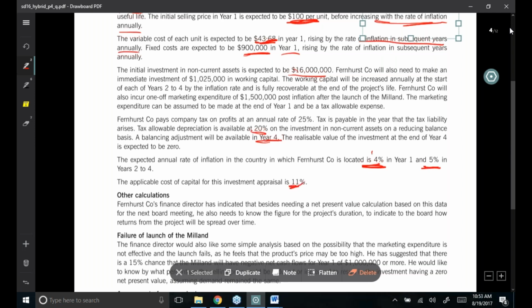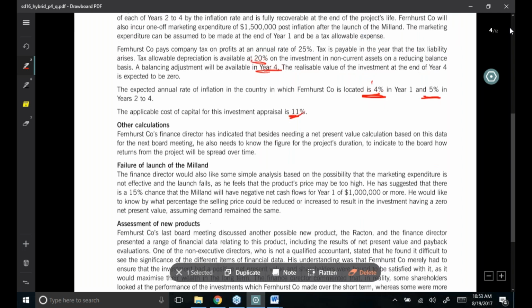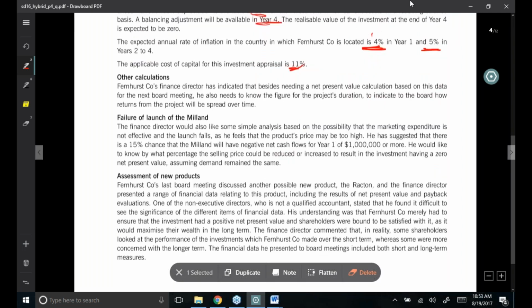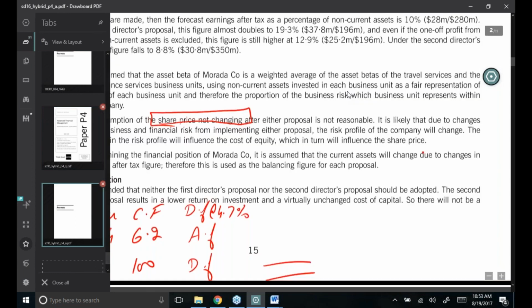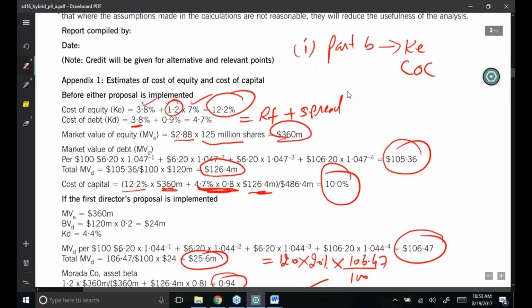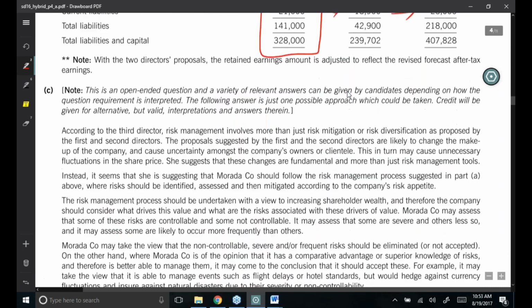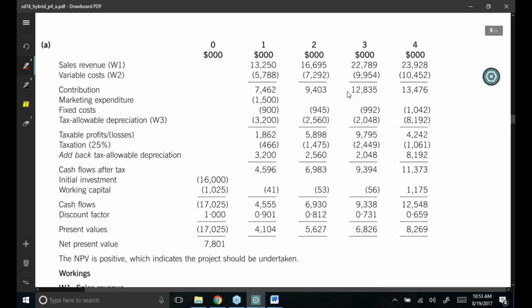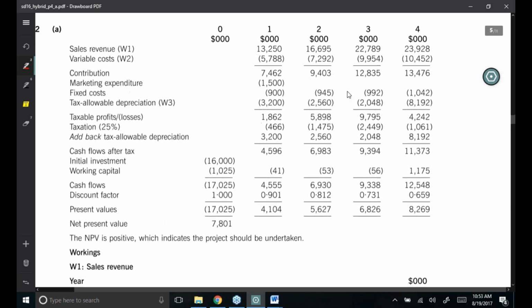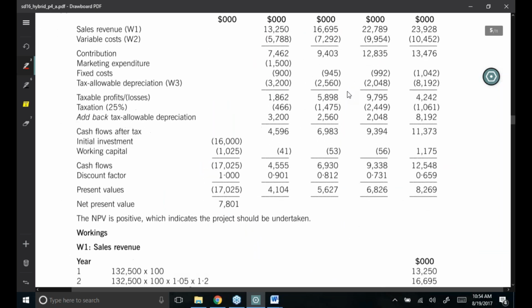Cost of capital is 11%. It's a very simple part. I think you have not faced any difficulty while solving this.